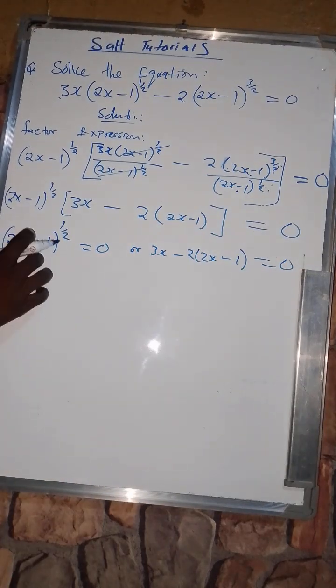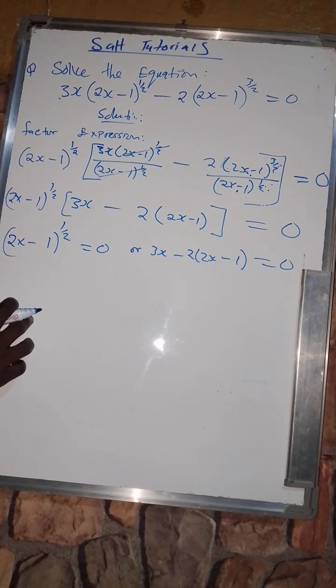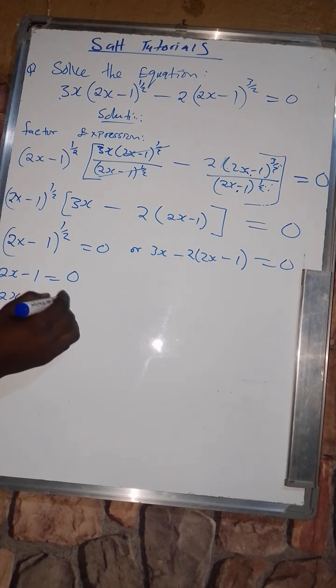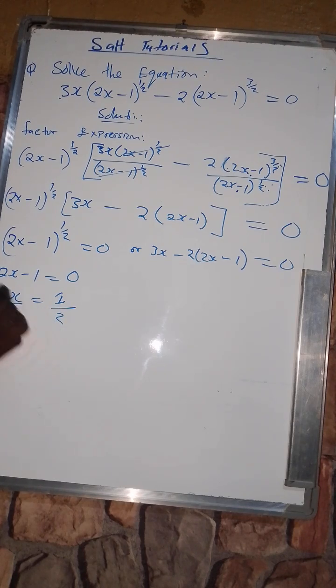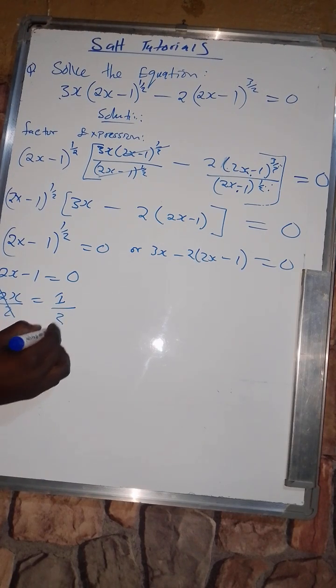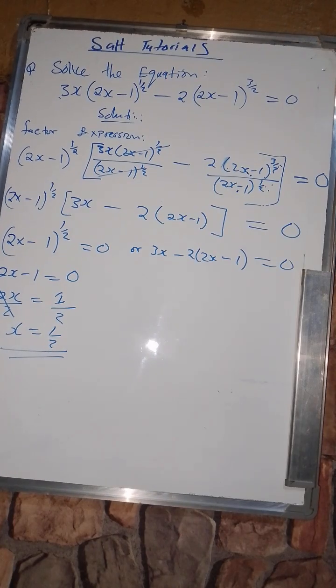When you solve for this, it is the same as saying 2x minus 1 equals 0. 2x should be equal to positive 1, so x is equal to 1 over 2. This is the first value of x from the first factor.